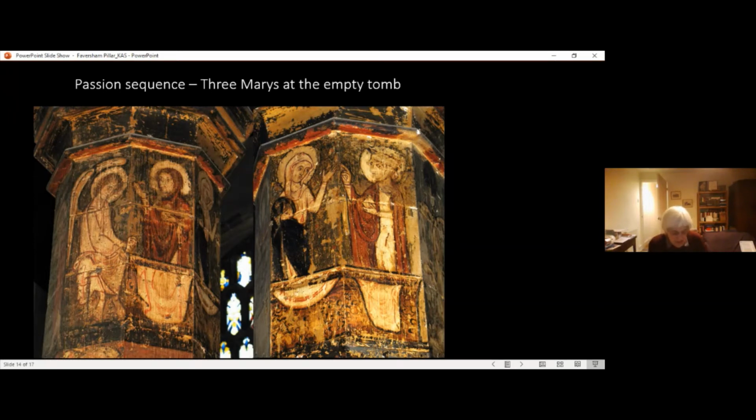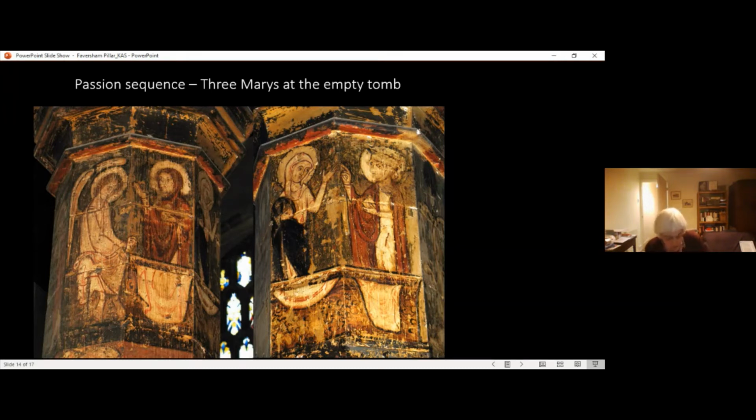Added to this, there was the idea that, yes, you saw with the bodily eye, but that could be transformed into seeing by the mind's eye. And as a result, that would reveal higher spiritual levels of knowledge. And this enhanced seeing brought into play the viewer's emotional engagement with the image.